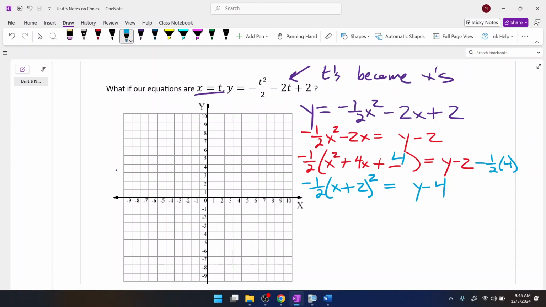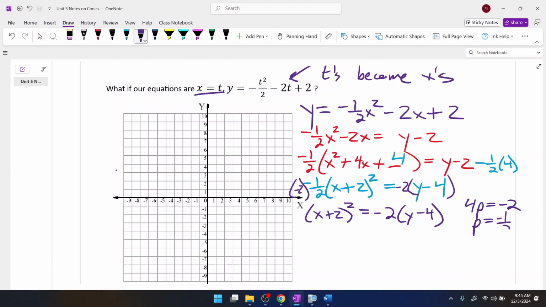Because negative 1/2 times 4 is another negative 2. Negative 2 minus 2 is negative 4. But we'll multiply both sides by negative 2 here. And you have (x plus 2) squared equal to negative 2 times (y minus 4). So you literally have 4p equal to negative 2. P will be negative 1/2.